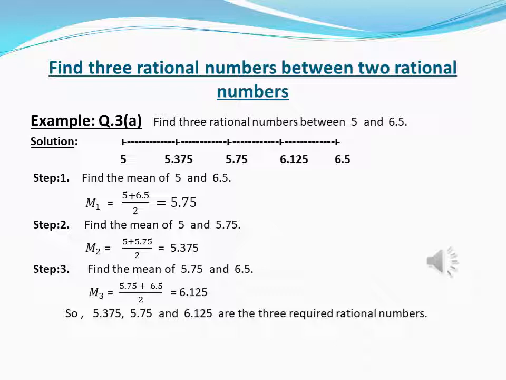So these three means M1, M2, M3, that is 5.375, 5.75 and 6.125 are the three required rational numbers between 5 and 6.5.